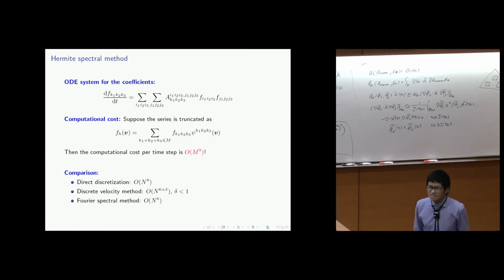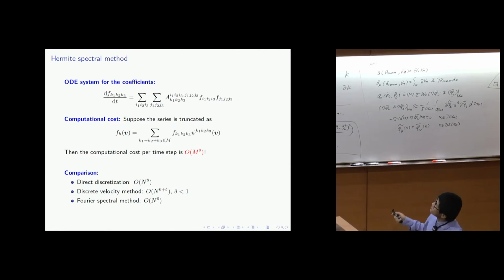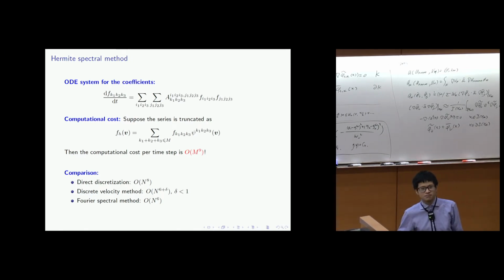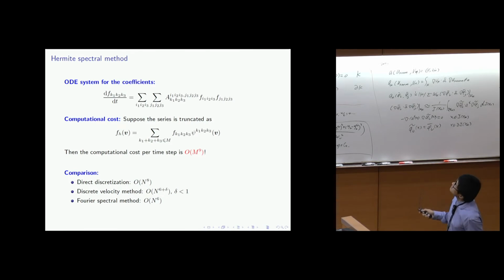Okay, for a numerical method, there are two most important things. One is the computational cost. The other is the order of convergence. For the latter, you know that this is a spectral method, so the order of convergence shouldn't be a great problem because we expect it to have spectral accuracy. It should be good. But what about the computational cost? Look at this right-hand side.